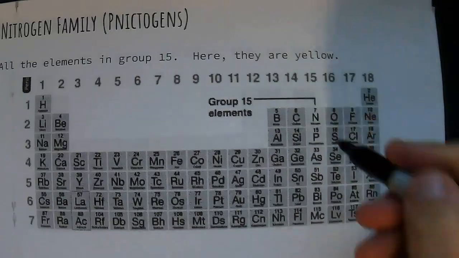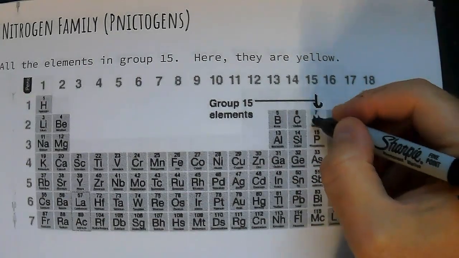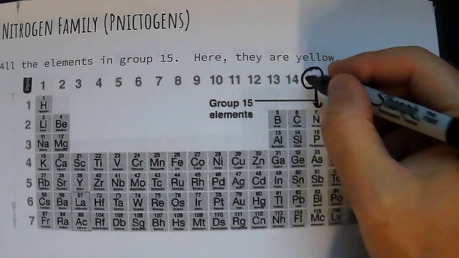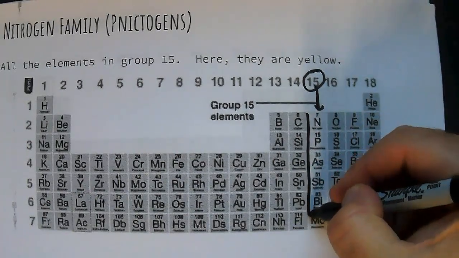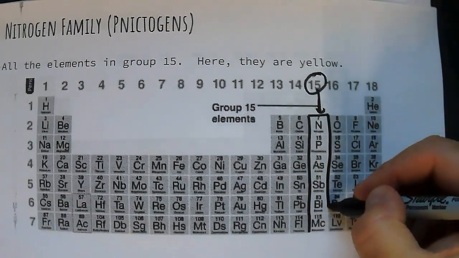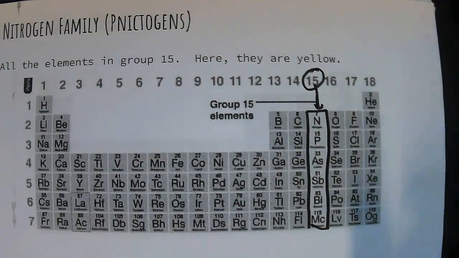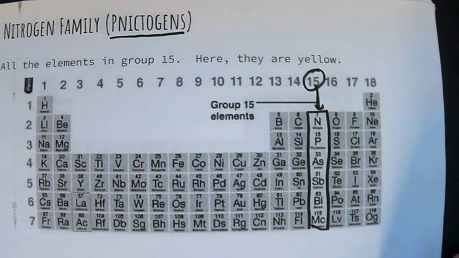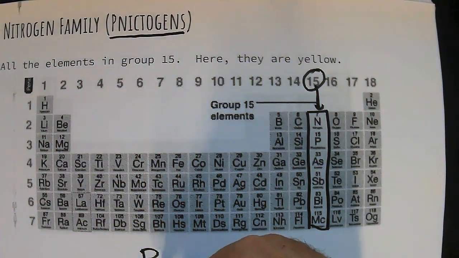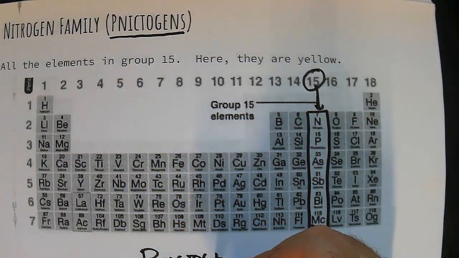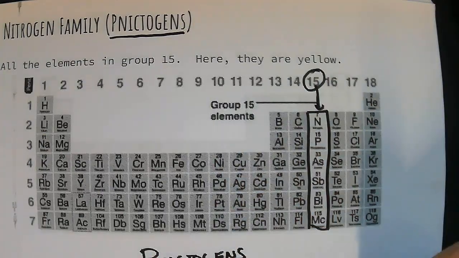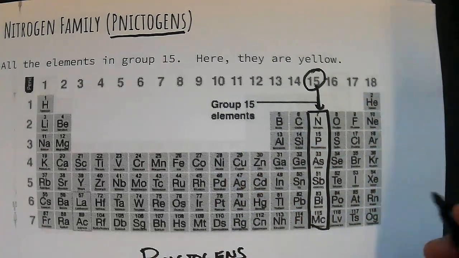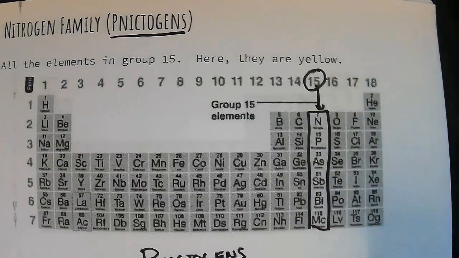Next door is the nitrogen family, group 15, right here. But the nitrogen family is also called the pnictogens. The P is silent. Pnictogens. That's a fun name.